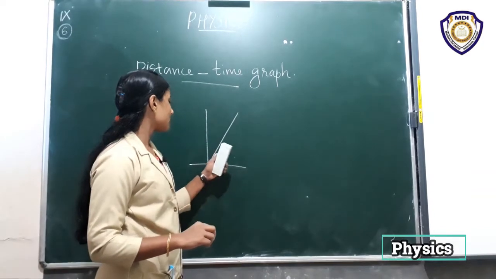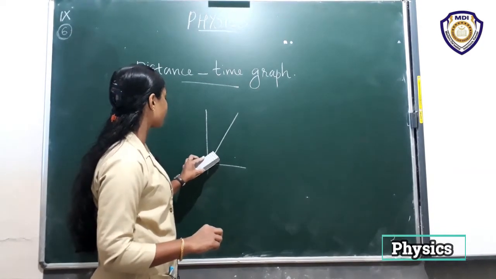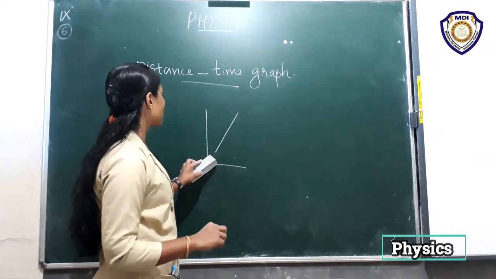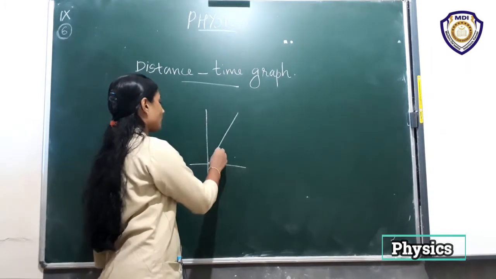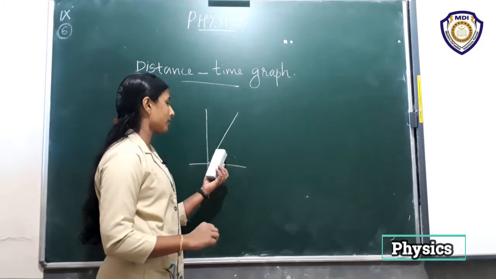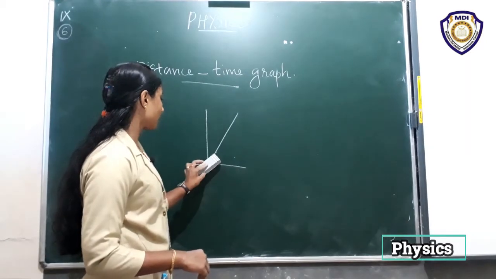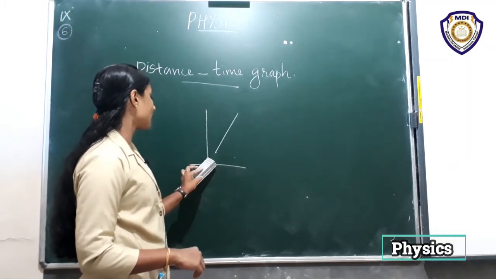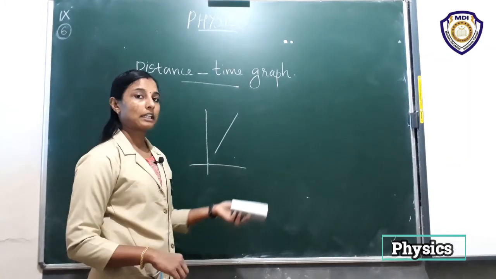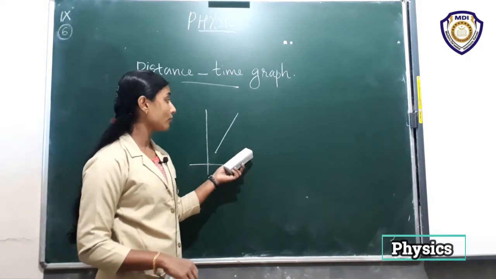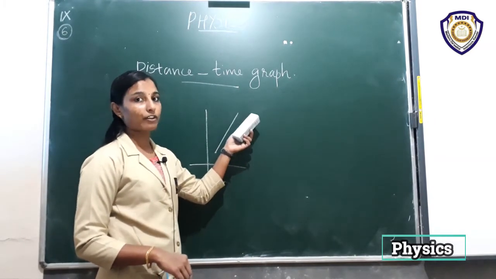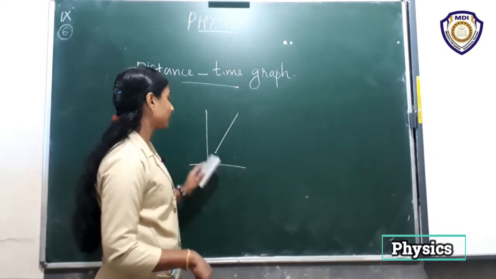If the object has some speed at first, the line graph may originate from somewhere else. You have to know that if the object is in uniform motion, then the graph will be a straight line.